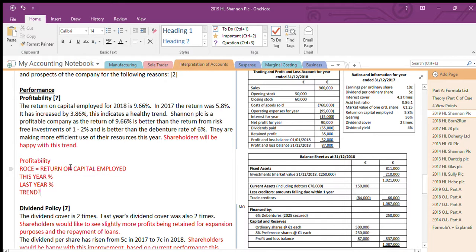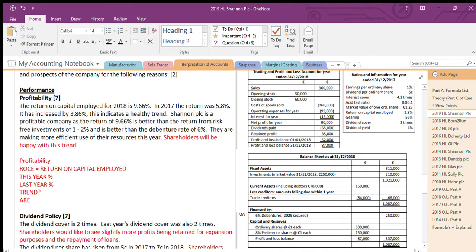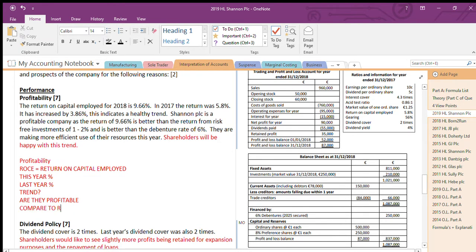And now you're going to state, are they profitable? I've done that here. They're a profitable company, and I have to compare it to two things. First, I'm going to compare to risk-free investments.